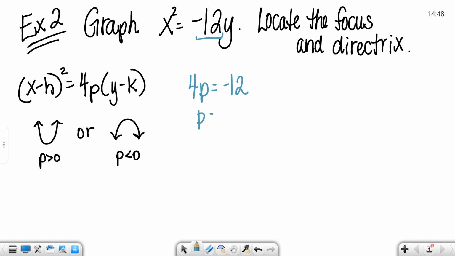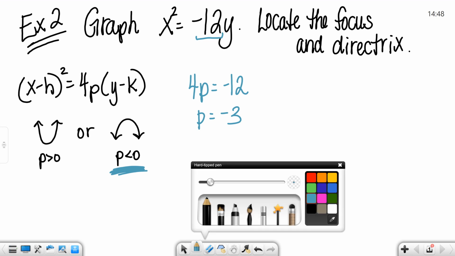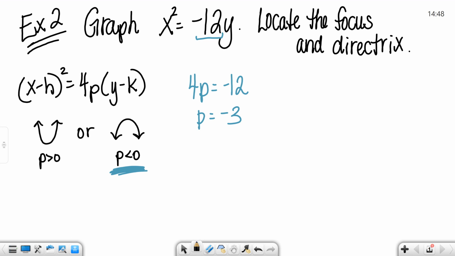So divide by 4 and we get -3. So p is negative. So this is definitely opening downward.